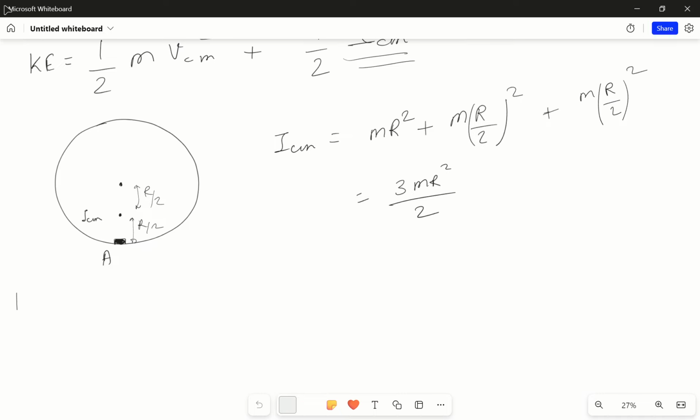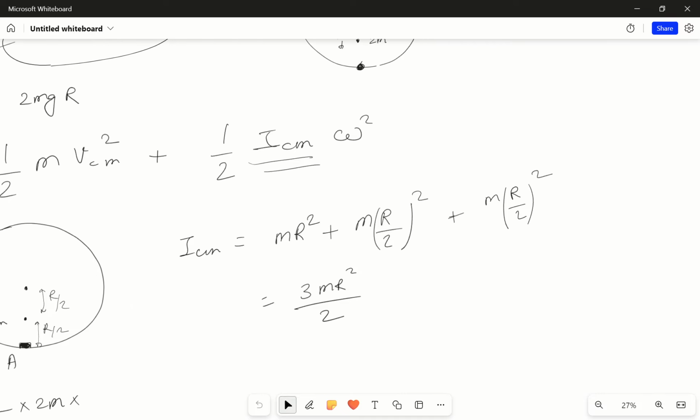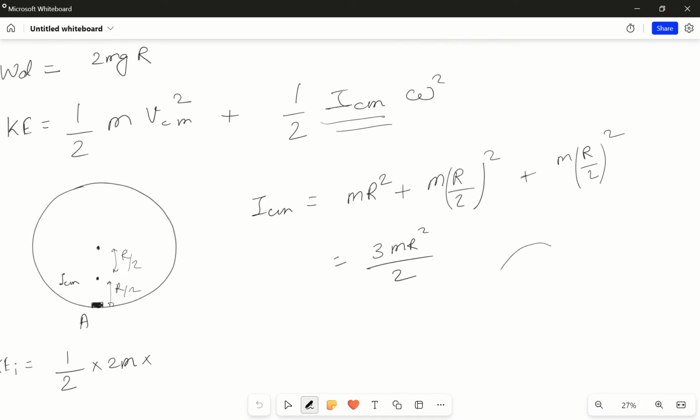So what is the initial kinetic energy? 1/2 into 2m into v center of mass square. So come back to this position when the center was here and object A was here, right? Initially its velocity was v naught, it's given.